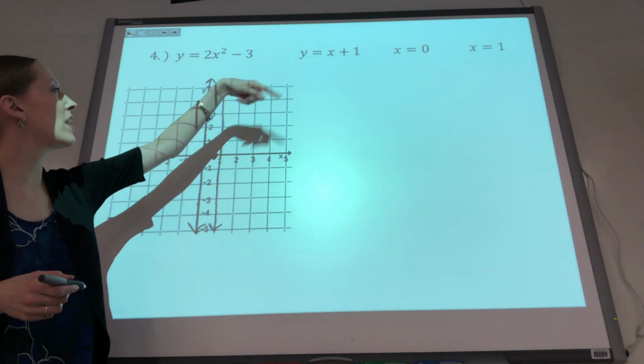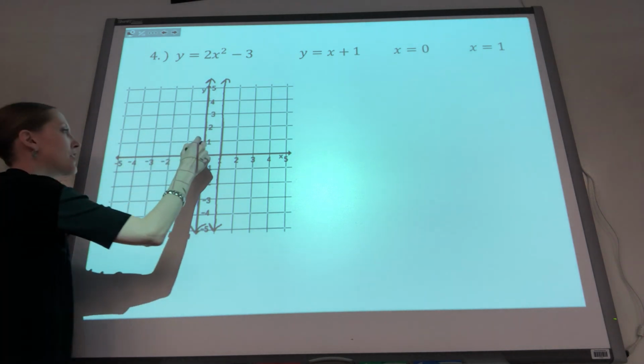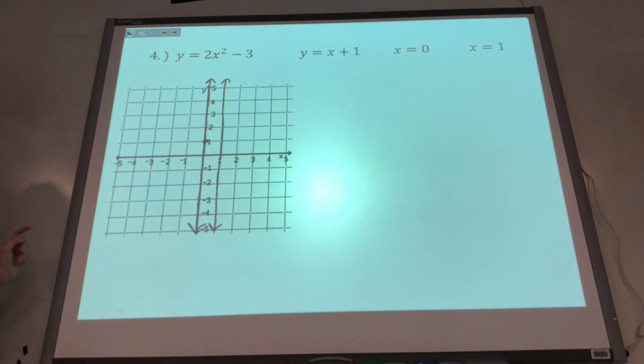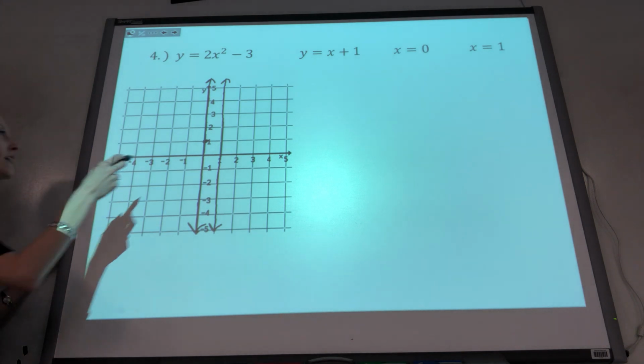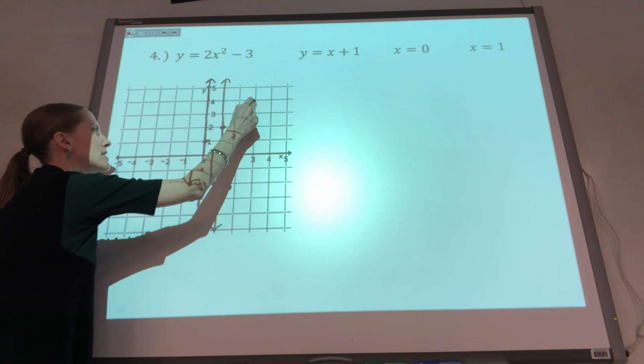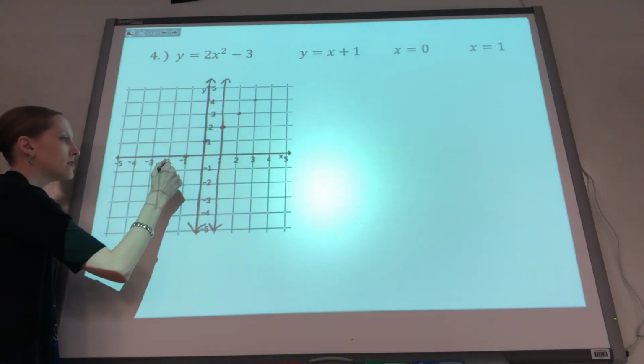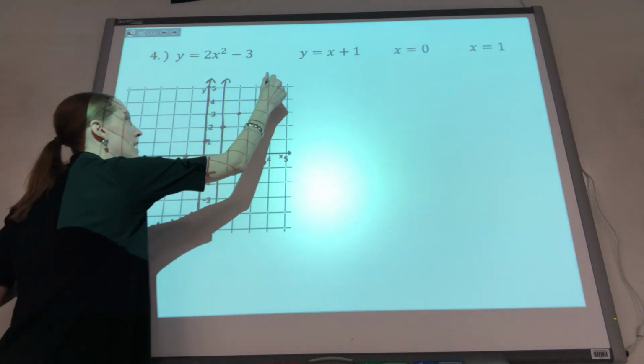Okay, x plus 1 should be pretty easy to graph as well. There's a y-intercept of 1 and a slope of 1. So we can go up 1, right 1, and you can take that as far out as you want. You can even go backwards, down 1, left 1.